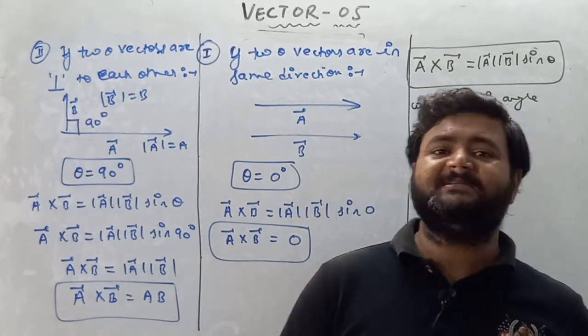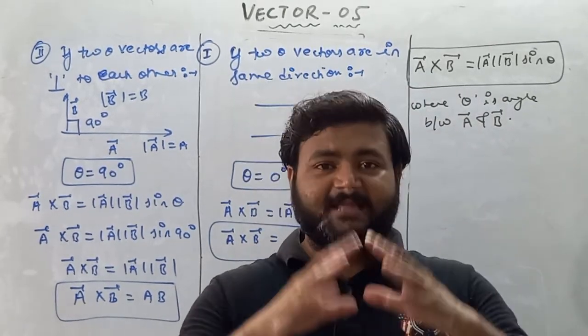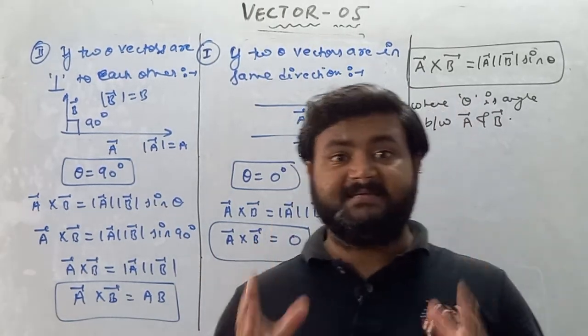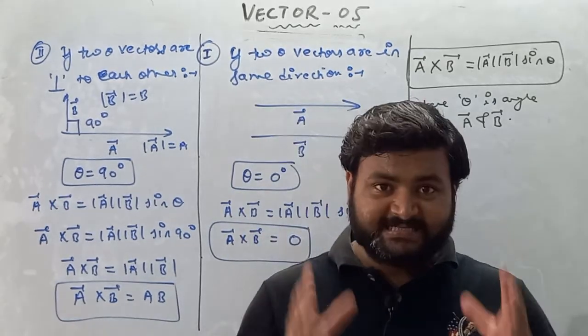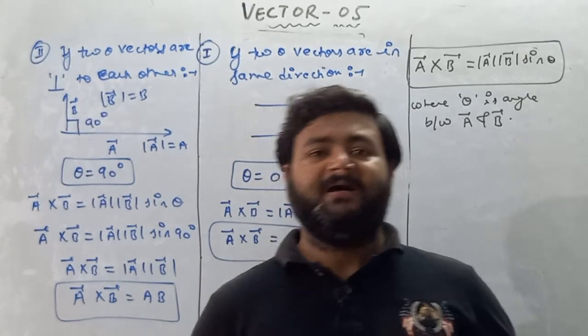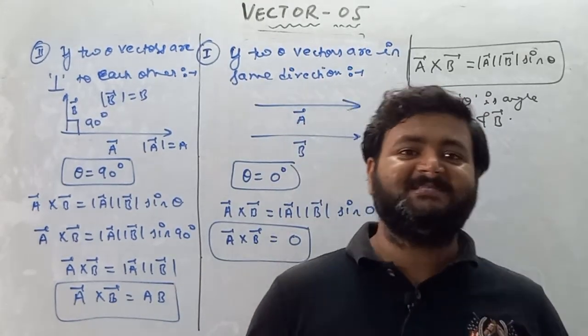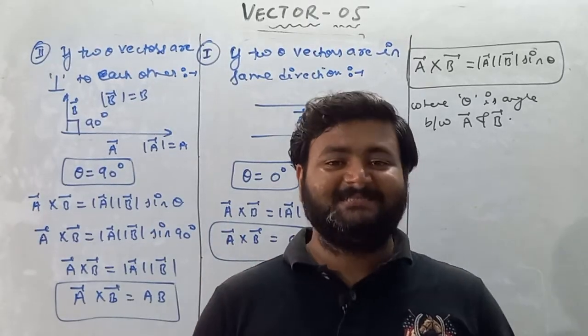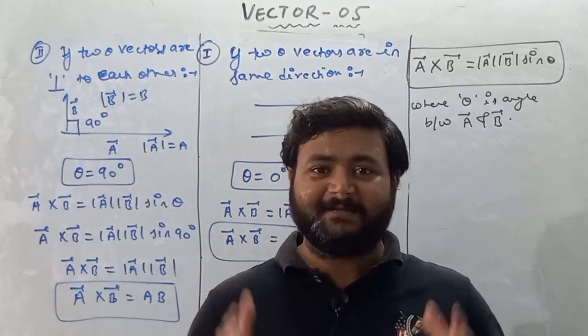So I hope, dear students, you all understand the basic structure of vectors. Till here vector is not completed. We'll discuss more about vectors, vector laws and their questions in the chapter motion in a plane. So this is all about vector basics.